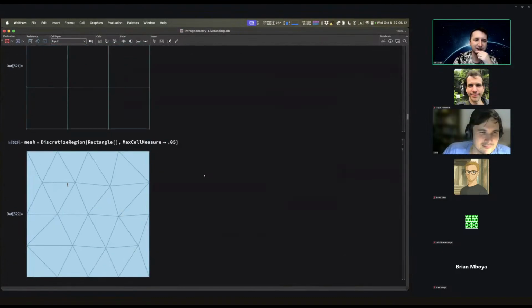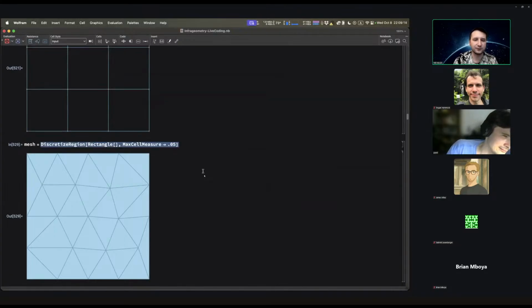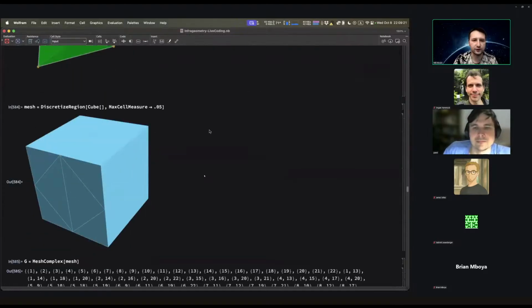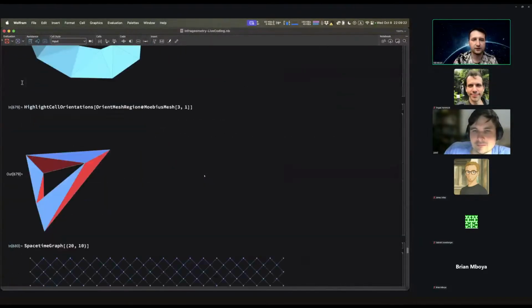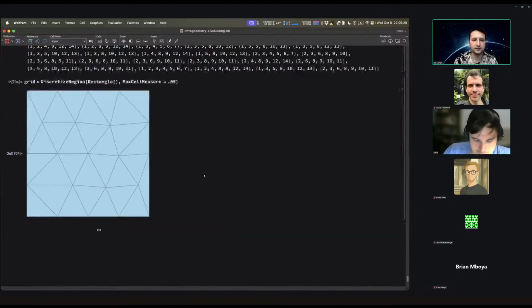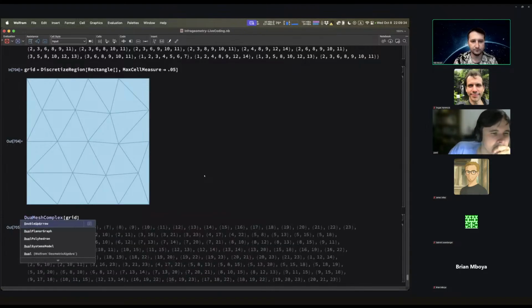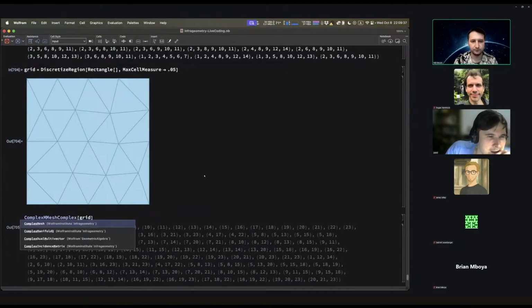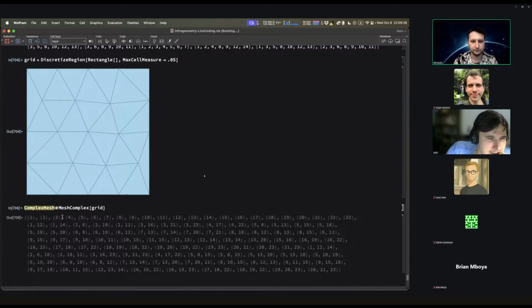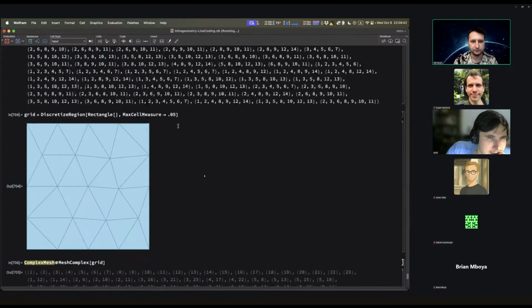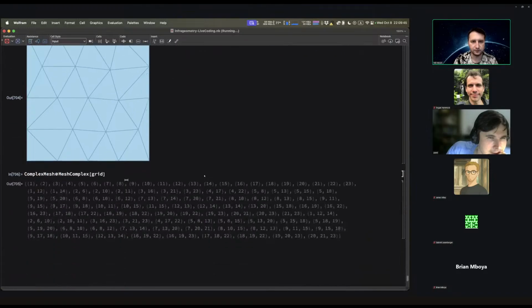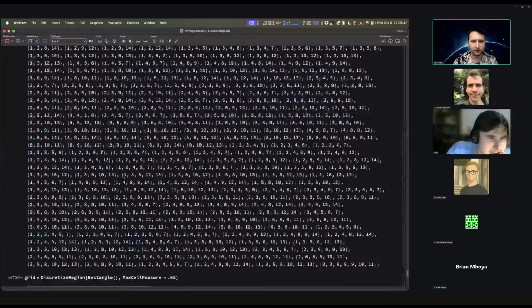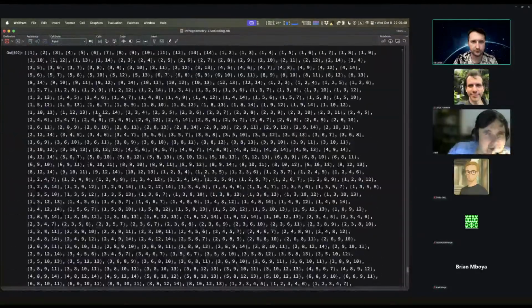So this is our grid graph. So on this one you want to write it, right? So that it returns a hex of sorts. Let's make it smaller.